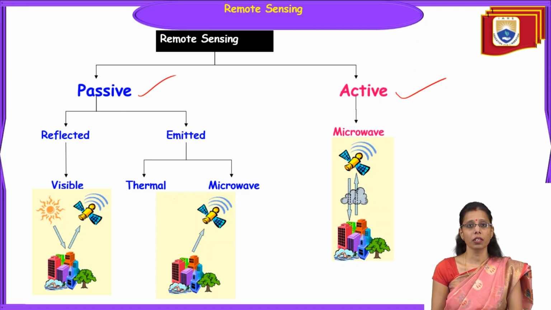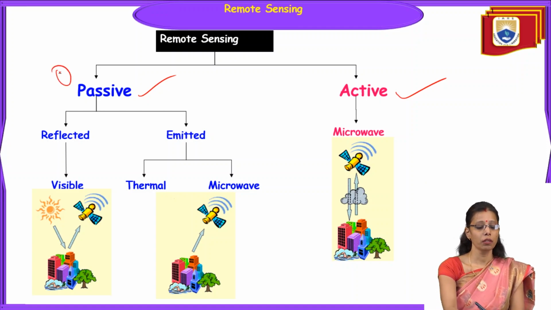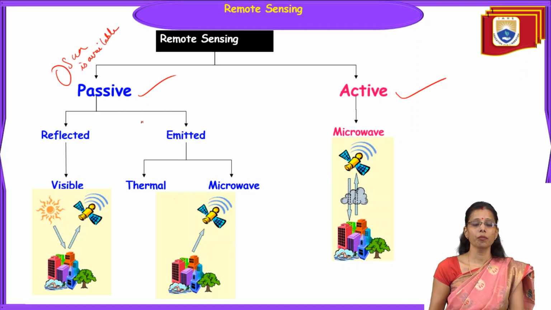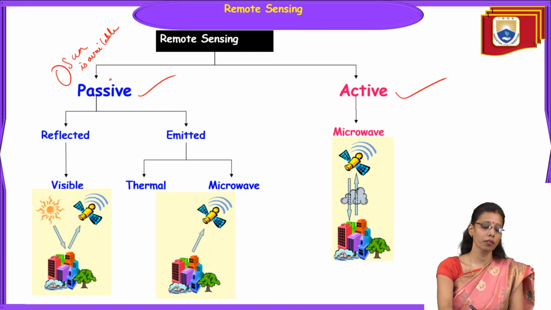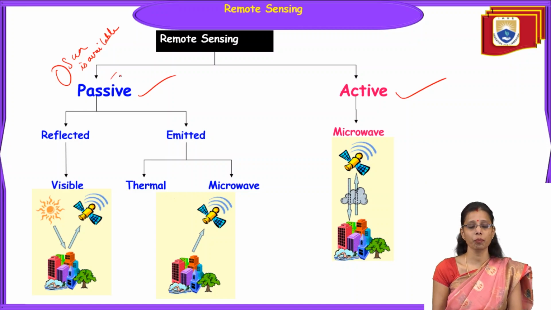In passive, electromagnetic radiation is required for capturing the information. So whenever the sun is available, then only the passive remote sensing will work. The sensor should be designed in such a way that it only works when the passive light is available, that means whenever the sunlight is available, right?